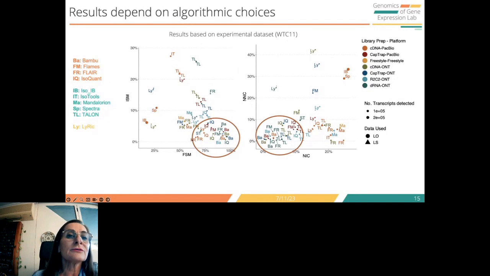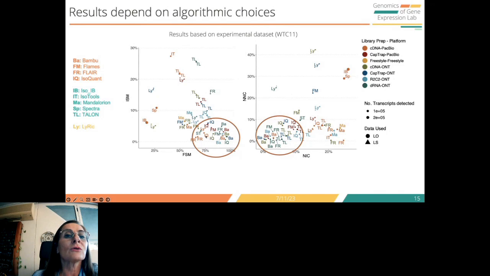If we look at this circle here, we see that the tools cluster together regardless of the data, right? For example, all Bambu samples are very similar in giving a high number of full splice matches, like 90% full splice matches, very few incomplete splice matches, and also very few of the novel categories.